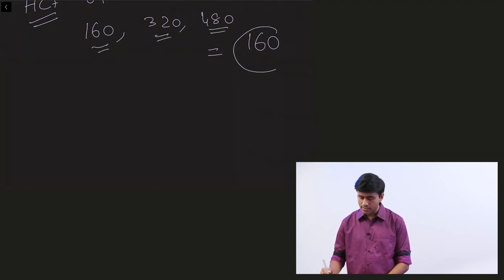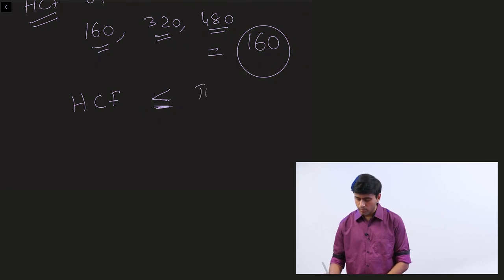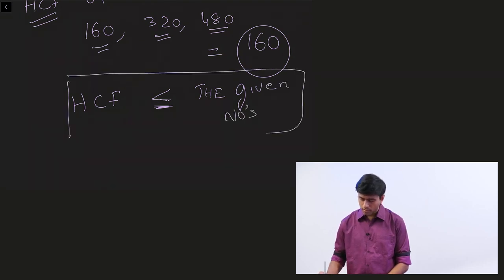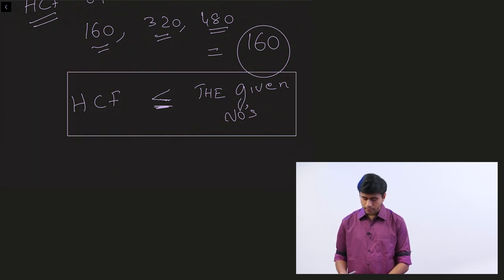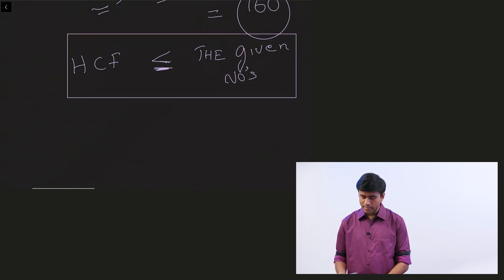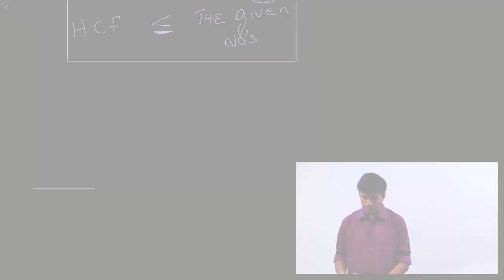The HCF is 160. That means the HCF will always be less than or equal to the given numbers. That's your first property. We will look at the other properties of HCF after we do LCM.